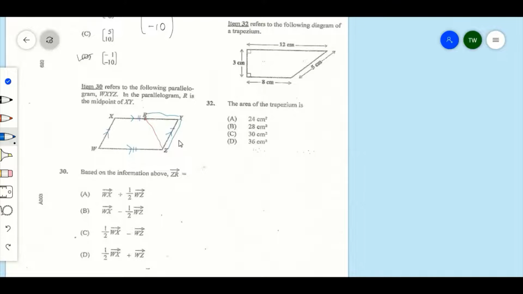So this here is WX, and this is vector WX, because these two distances are the same. Now, we know that R is the midpoint, and midpoint means halfway between. So from Y to X is the same thing as from Z to W. Clear there?